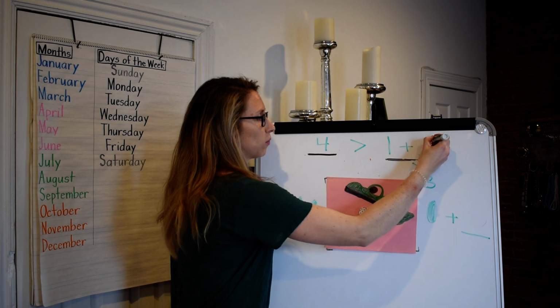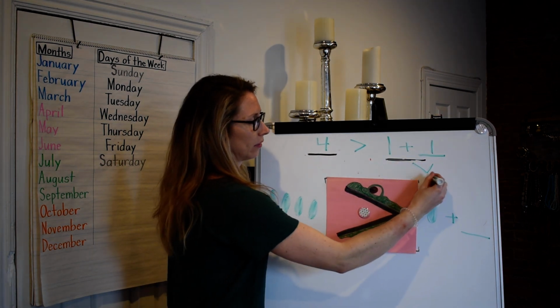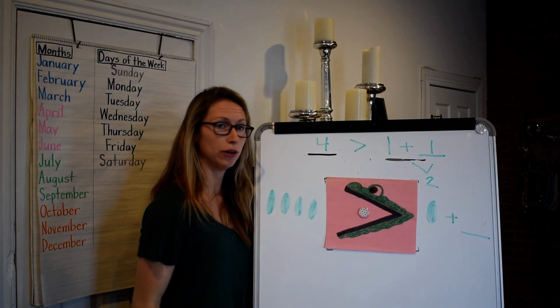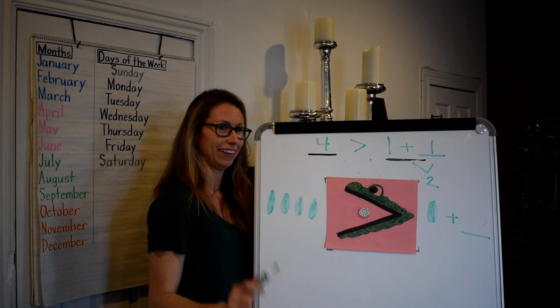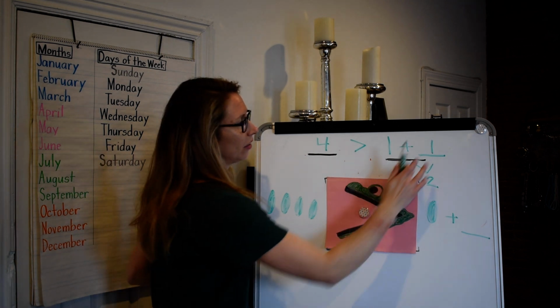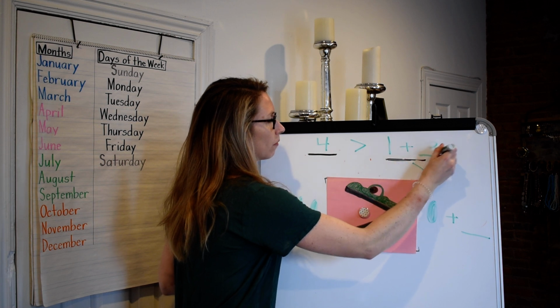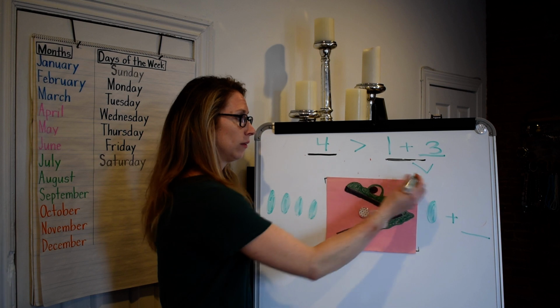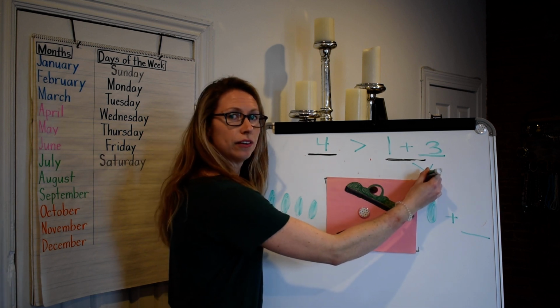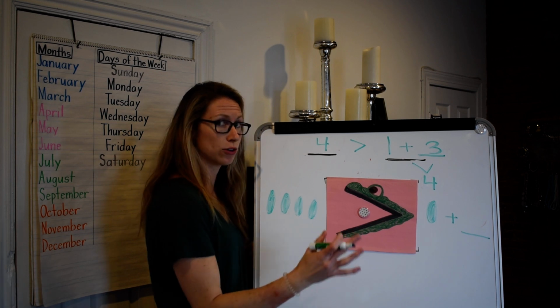What else can we do to make it true? What does 1 plus 1 equal? 2. Is that true? 4 is greater than 2? Yes, yes it is. What about 3? What if I did 1 plus 3? What does that equal? It equals 4. Is that true?